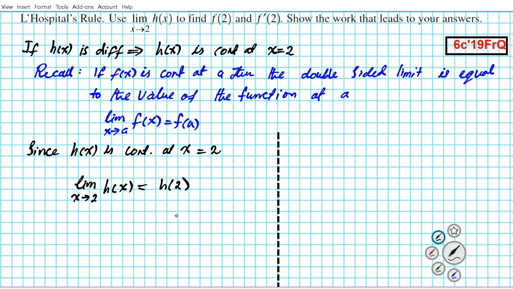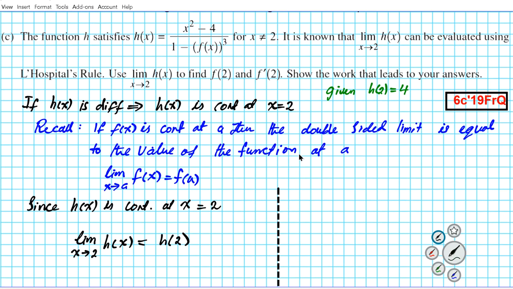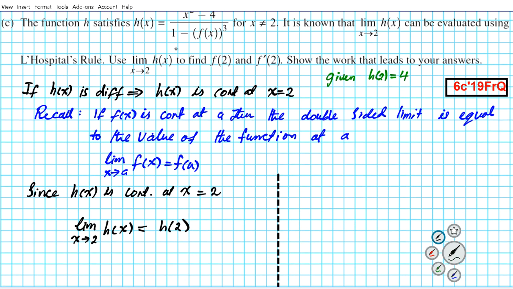We are given earlier that h of 2 is equal to 4. That was given in the original problem, so we're going to be using that here. We can make the substitution: take h of x, this rational function, plug it in on the left-hand side, and use the given value on the right-hand side. So let's make the substitution.